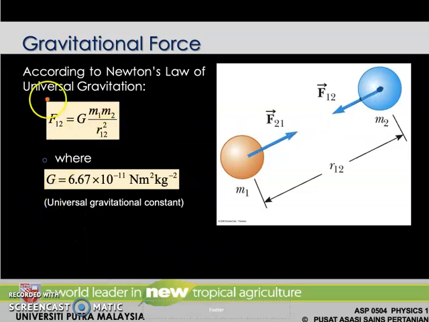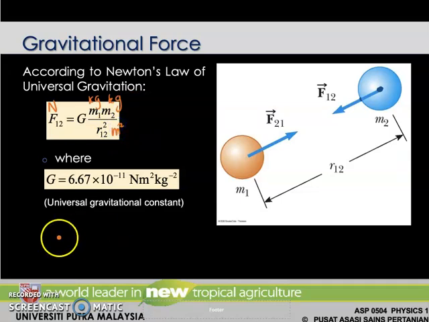F is in newtons, the SI unit, G is a universal constant, mass is in kg, this one is also in kg, and r squared, the SI unit for distance is meter, so we have meter squared.